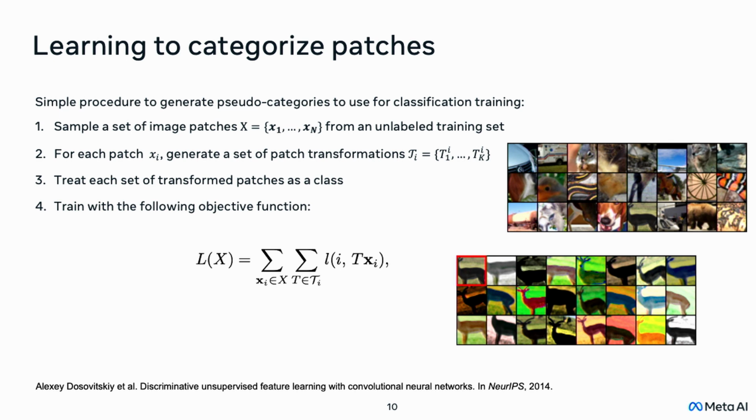If you take patches from the same image, you can imagine you're going to create a much higher amount of data, a larger quantity of data. Because if you have an image that's 500 by 500, and you're taking out of it 96 by 96 patches, the combination of different patches you can create is much higher than if you're just trying to augment the full image. That's one thing.